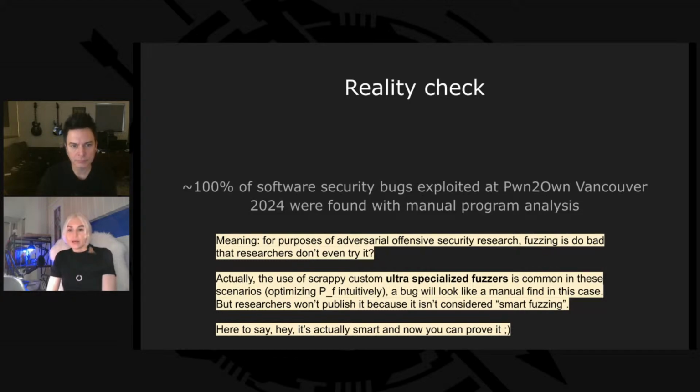So apparently, for purposes of adversarial offensive security research, fuzzing is so bad that nobody has even tried it. Actually, I hope that from the previous discussion it starts to make sense why sometimes even manual analysis or highly specialized dumb fuzzing can be better than normal smart fuzzing.